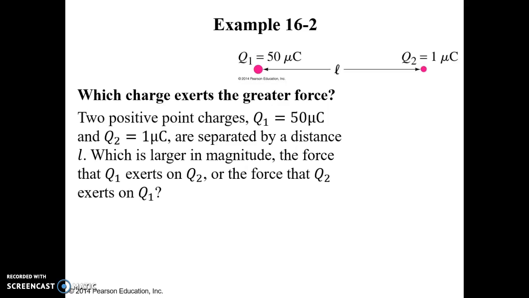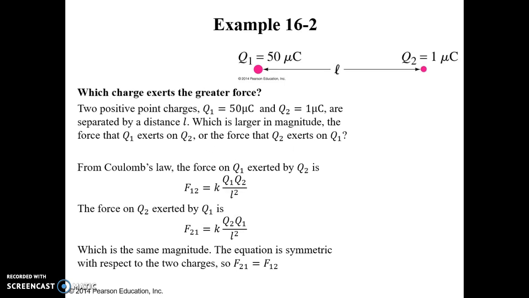Alright, next example. Two positive point charges, Q1, which equals 50 microcoulombs, and Q2, which equals 1 microcoulomb, are separated by a distance L. Which is larger in magnitude, the force that Q1 exerts on Q2 or the force that Q2 exerts on Q1? From Coulomb's law, the force on Q1 exerted by Q2 is this equation down here.